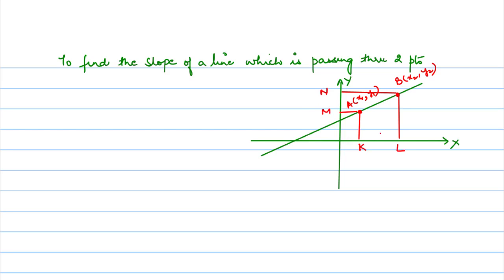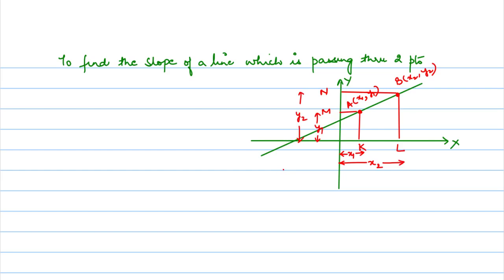Now, since A is x1, y1, this distance will be x1, and obviously B is x2, y2, therefore this distance is x2. Similarly, this distance would be y1, and this distance would be y2.